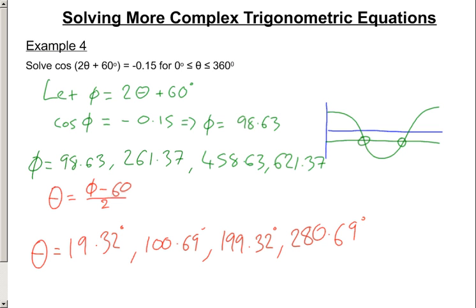Well, maybe we need to check another one. We could add another 360 onto the 458. But if we do that, we actually get a value that's outside of our 360 domain. So it doesn't work. But we should still check that one to see if there are any more. So if we add on 360, 458.63 plus 360, we get 818.